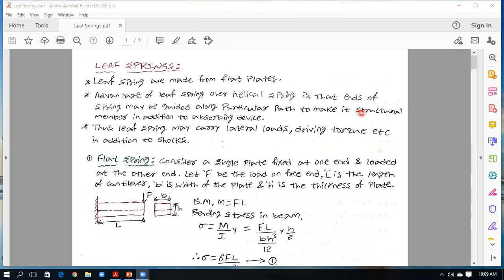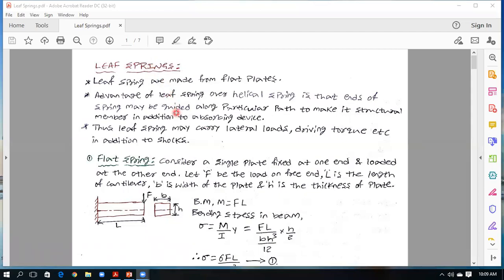That's why it is going to carry the load as well as act as an absorbing device or a shock absorber. And these leaf springs may carry lateral loads, driving torque, different types of loads in addition to the shocks or vibrations which are caused. That is the advantage of leaf spring.